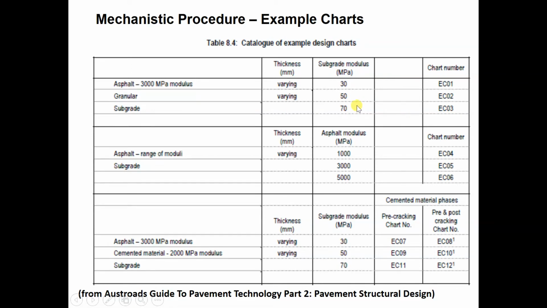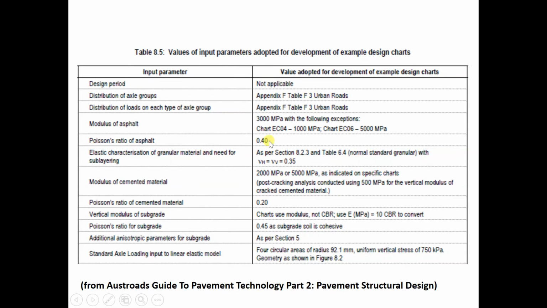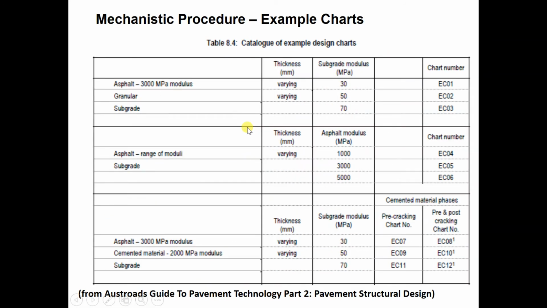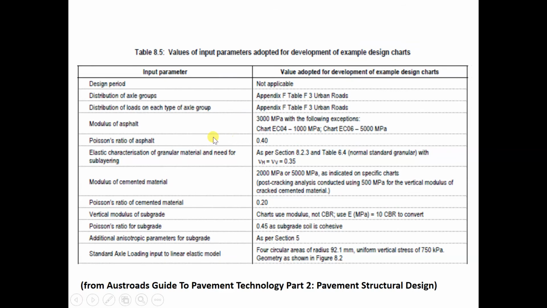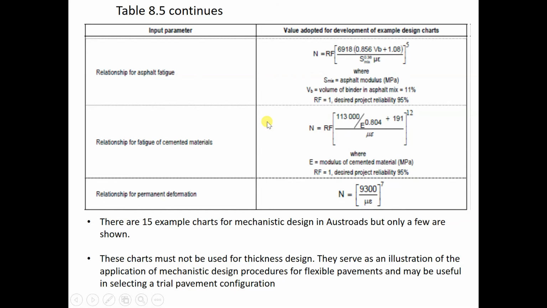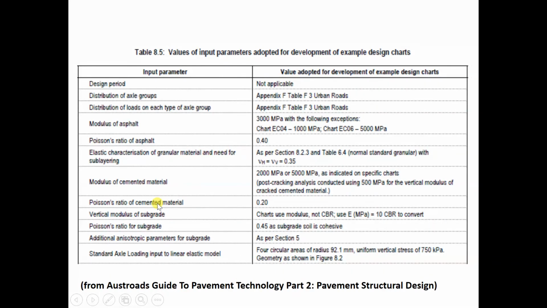Because it's a trial pavement, you have to input the thickness for the asphalt, and then the properties: the modulus and the Poisson ratio for the asphalt, and then the modulus for this one.